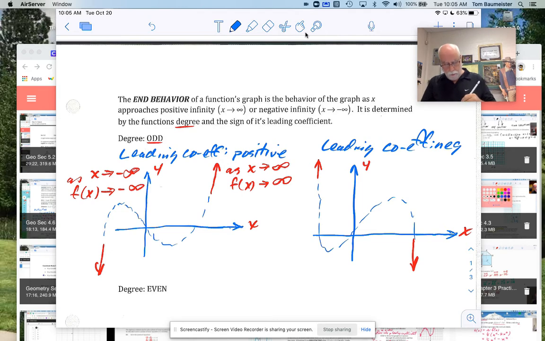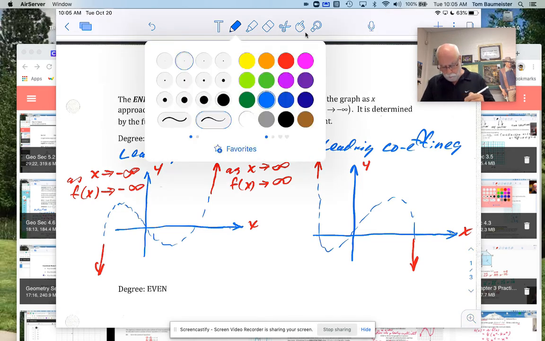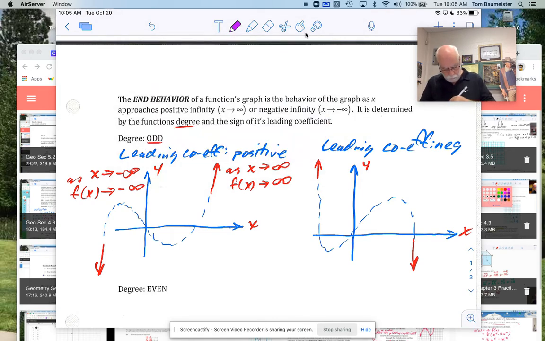And on this one here, what can you tell me? And I'll put purple here since I don't want to have it confused. So as x goes to negative infinity, f of x is going to positive infinity.